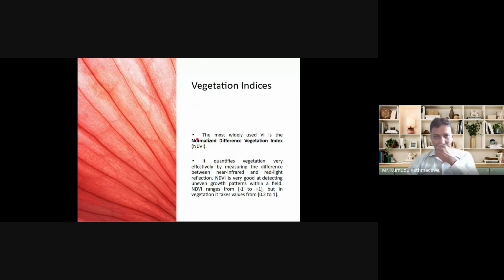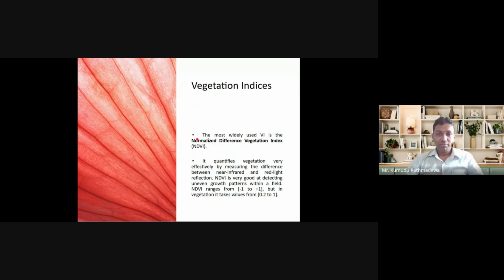Anyway, this near infrared minus red value is always less than the near infrared plus red value, since this one is greater. So the vegetation gives high values because near infrared is high.